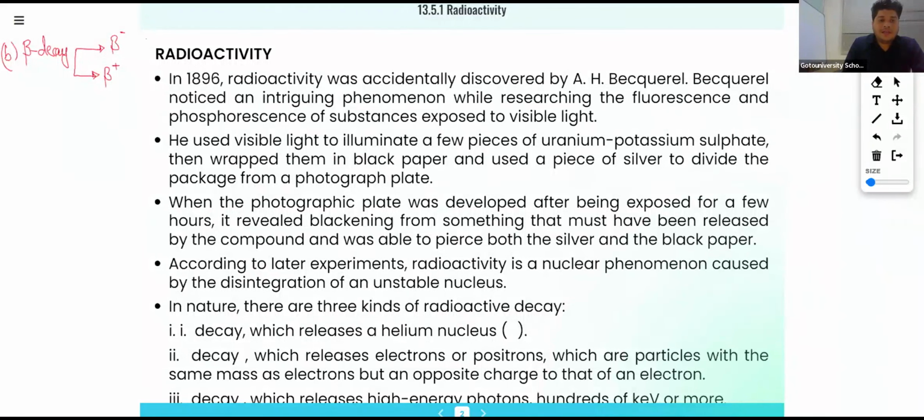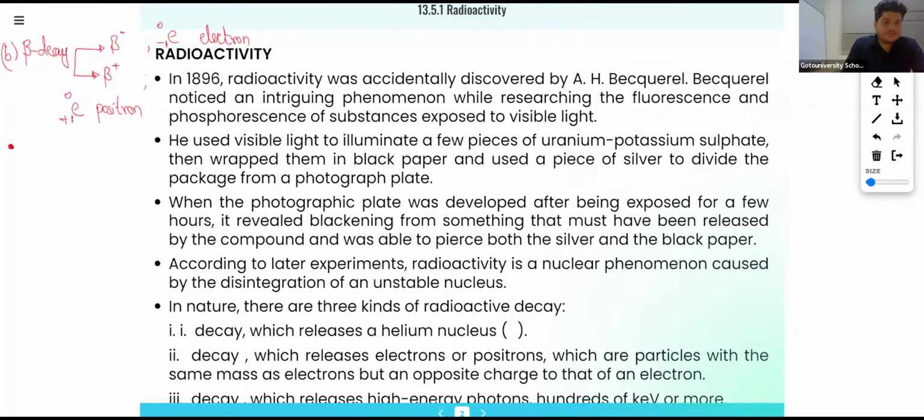In beta negative decay, we are releasing an electron. In beta positive decay, we will release a positron. Electron and positron.